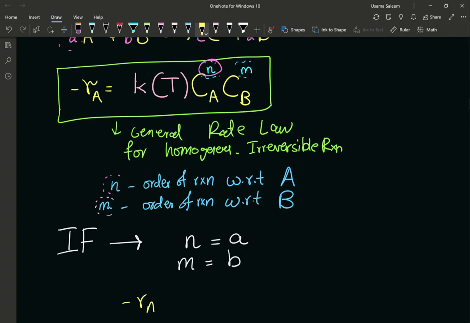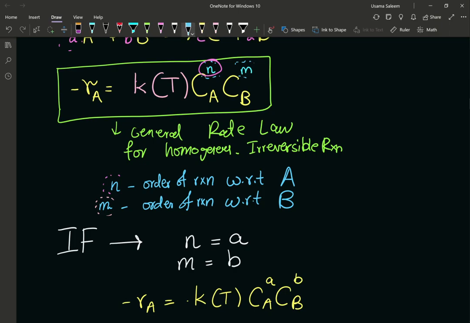The rate expression becomes k, which is a function of T, times C_A raised to the power of its stoichiometric coefficient, multiplied by C_B raised to the power of its respective stoichiometric coefficient.